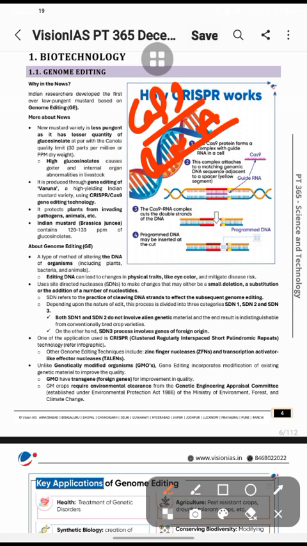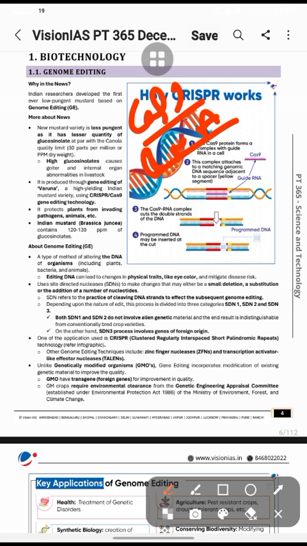Now this is a new mustard variety that was less pungent, as it has a lesser quantity of glucosinolate. That is the gene editing technique, Varuna, using CRISPR-Cas9, and the plant is protected from evading pathogens.